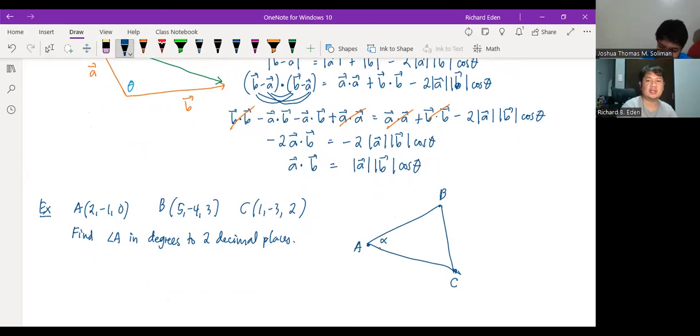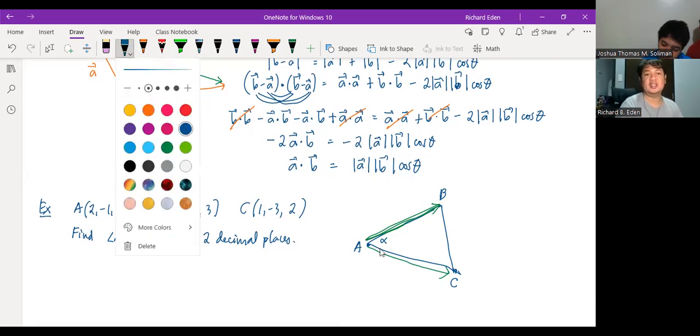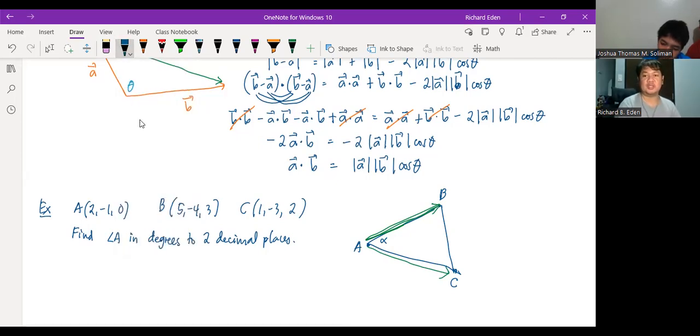And then angle alpha is the included angle between vectors AB and AC. But the thing about vectors AB and AC is that coming up with their components is as easy as just performing subtraction on the components.